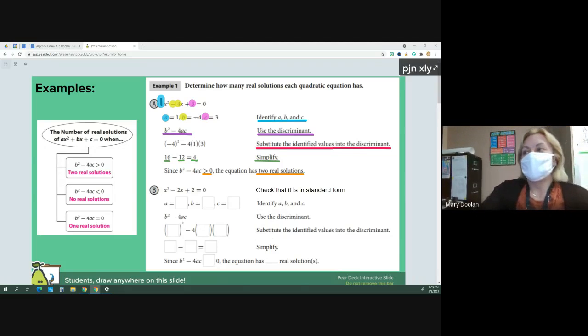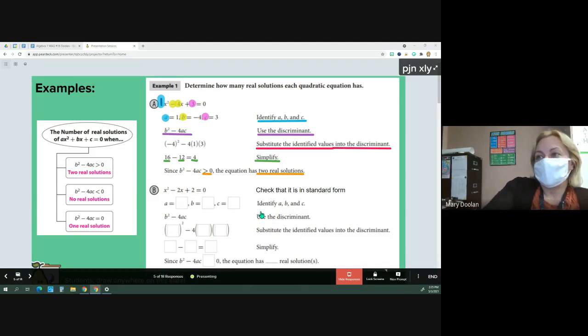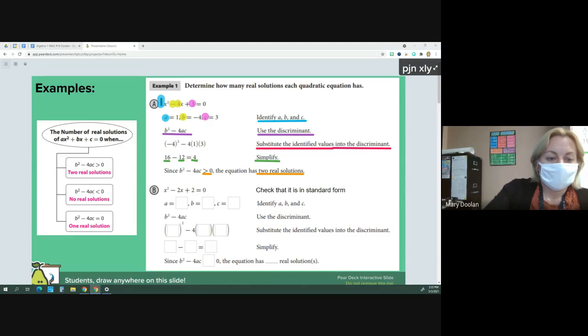All right, and then we're going to look for what is A, what is B, what is C. So A is whatever's in front of the x squared term. You don't see anything? Well, there's that invisible 1 there. So A is 1.